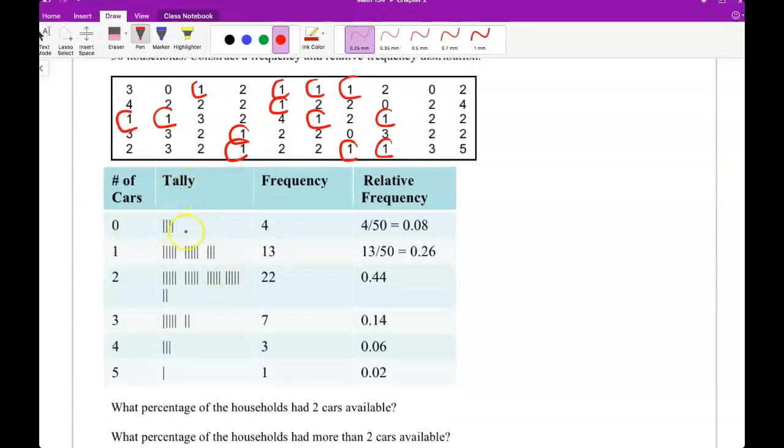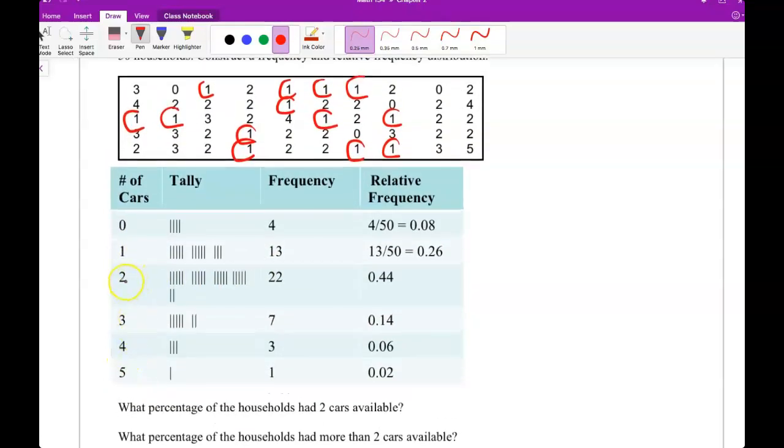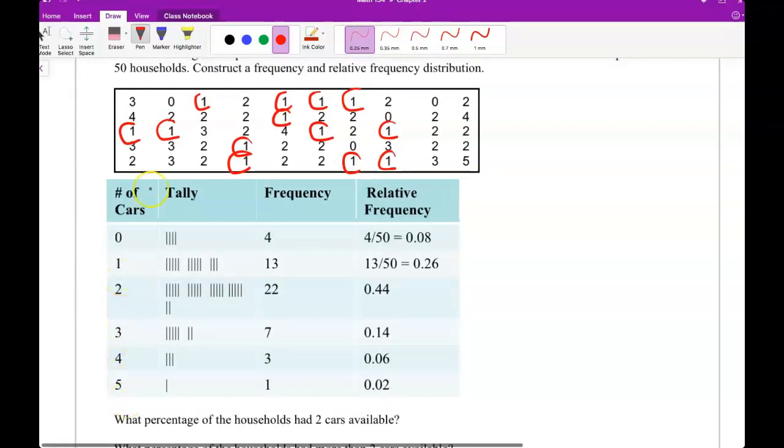Exactly the same as what we did for the first part. Using the tally, we have 13 here, and we write the number as 13. So do the same thing for all these numbers in the first column. We have 2 cars, 3 cars, 4 cars, and 5 cars. I have these numbers based on what we have in this table, which starts from 0 up to 5.